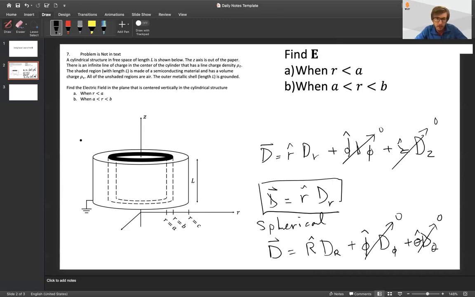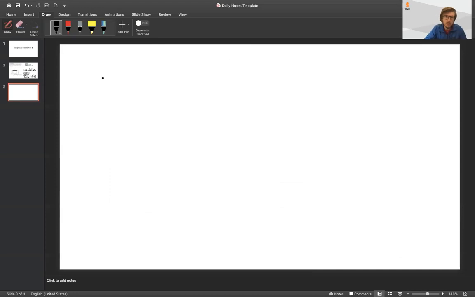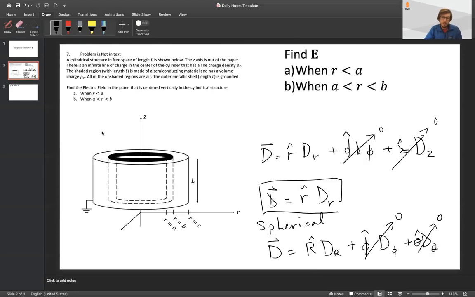Once you've done that, the next step is to apply Gauss's law. We can use the integral form of Gauss's law, which looks like this. In our case, we saw that this was cylindrical.